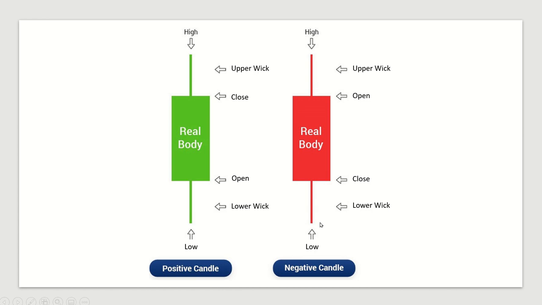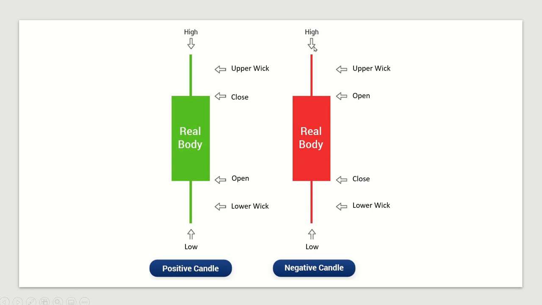The high and the low, though, are exactly the same. It doesn't matter the color of the candle, right? This is the high, this is the low, regardless of the color of the candle. And that is incredibly important because it's important to know how far price traded in one direction or another, regardless of the color of the candle.